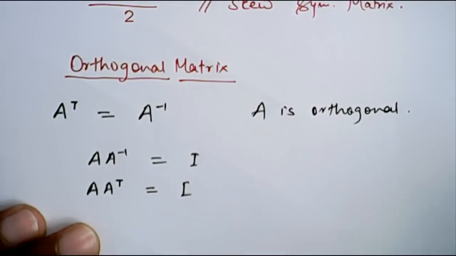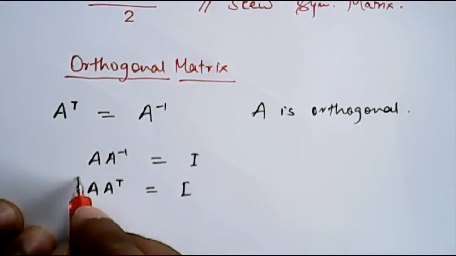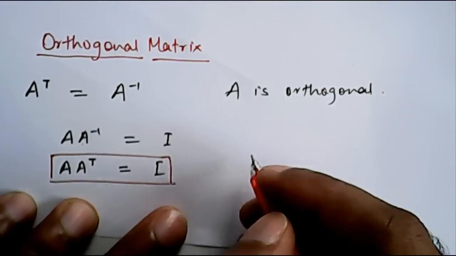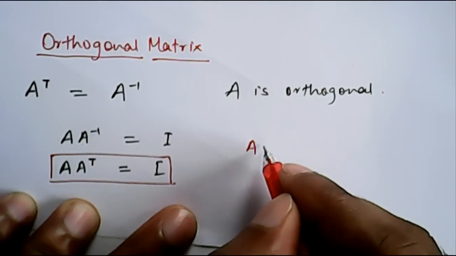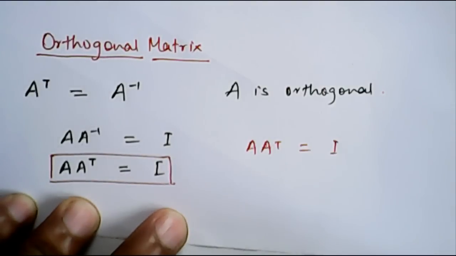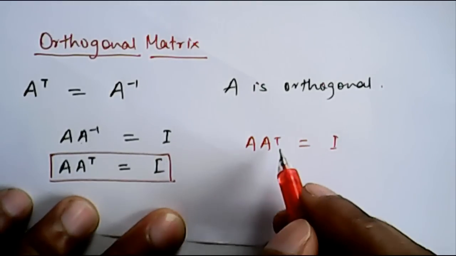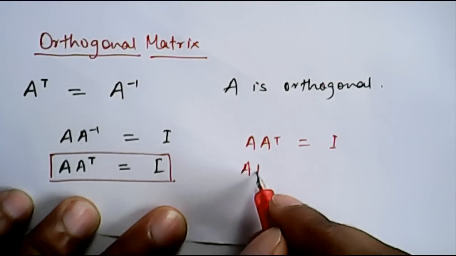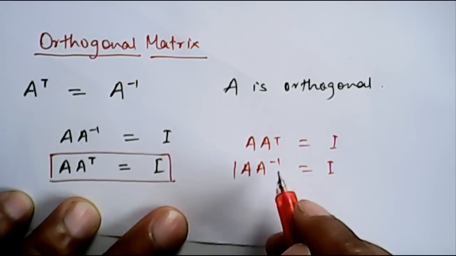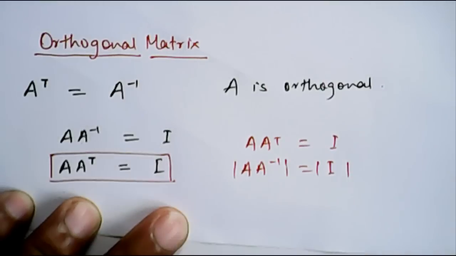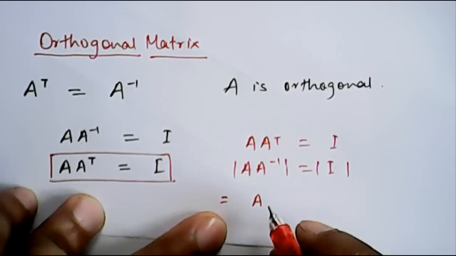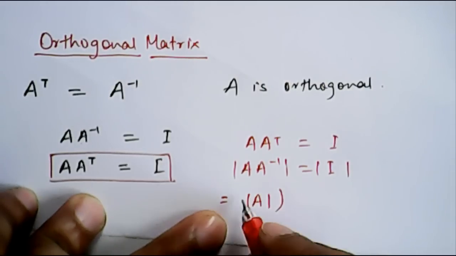Another one is, if we have A and A transpose equal to identity matrix, now we know that transpose is equal to inverse, so A into A inverse we can take equal to identity matrix. Now if we take the determinant of both sides, it will be equal to determinant of A square.